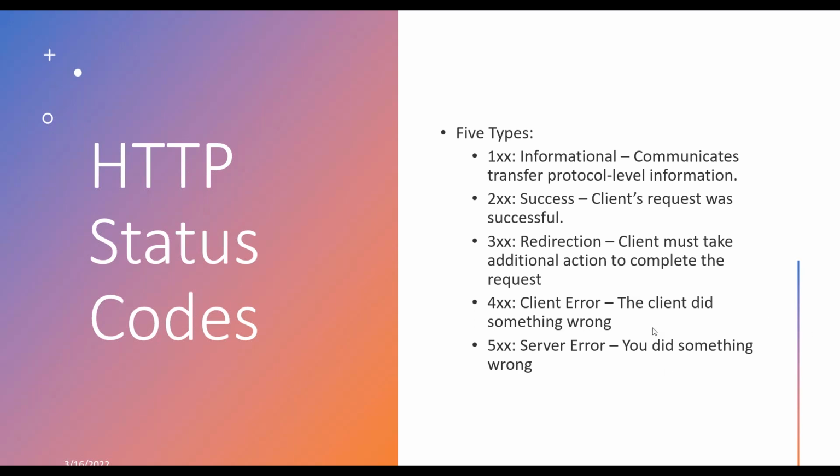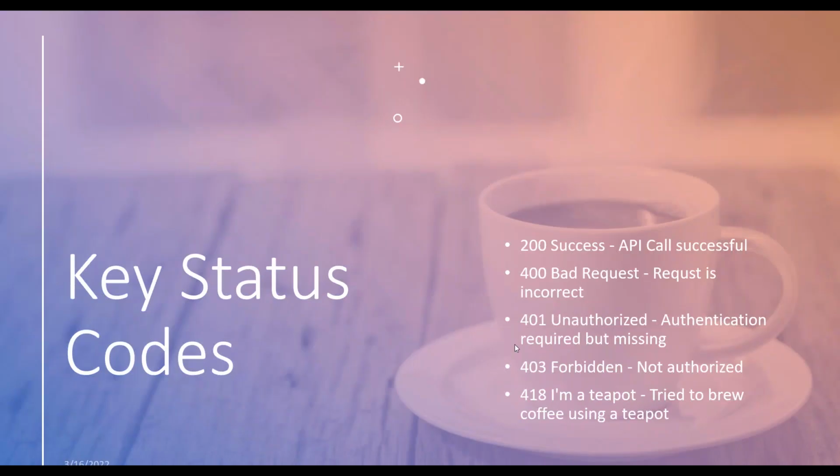So we're going to be looking at 400 and some key status codes that you might remember from last time, but here they are again. 200 success: your API call was successful. Always return that if someone has called into your API and they're authorized and you send the data back that comes back with the 200. A 400 bad request means the request is incorrect in some way. That doesn't mean it's 404 not found. It means that the information you submitted was wrong.